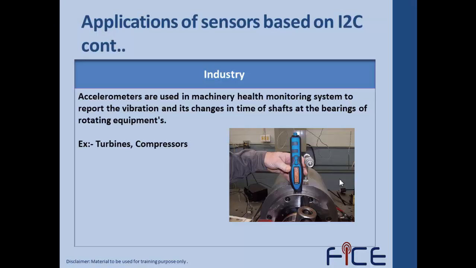When a system suffers a breakdown or failure, it can affect the overall functionality and operation of a facility. Hence, machinery health monitoring systems have become important in all industries and organizations.